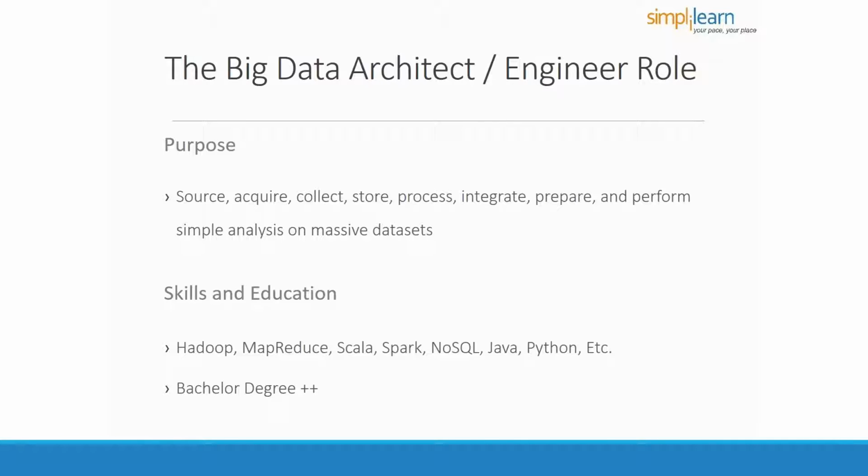The purpose of the work these type of professionals do is to source, acquire, collect, store, process, integrate, prepare, and perform simple analysis on massive data sets.